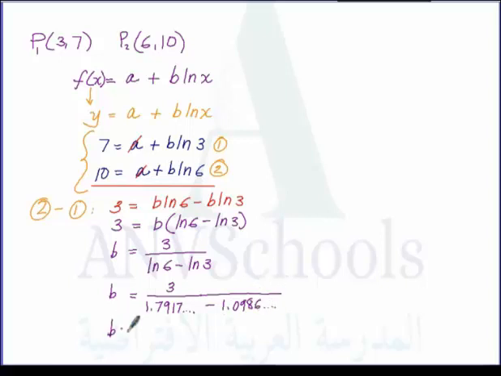So our b is equal to 3 over ln of 6 minus ln of 3. This gives us a value of 4.3280. So this is the value of my b.